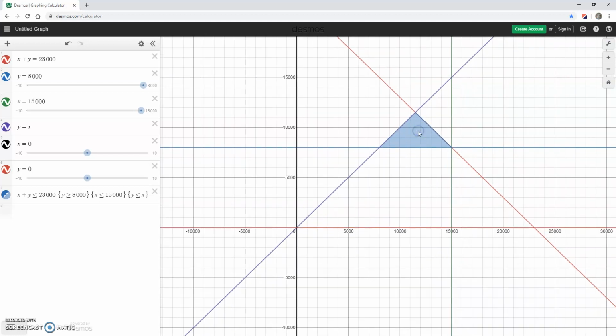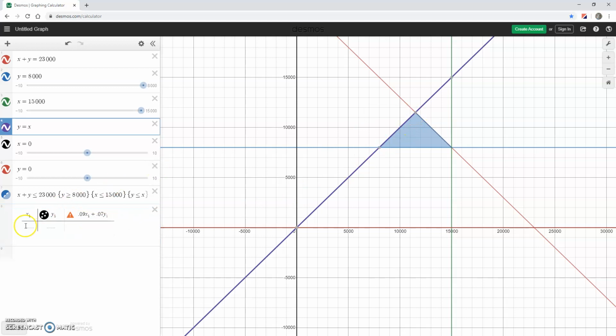But we see our bounded region with each of our corner points, 8,000, 8,000, 11,500, 11,500, and 15,000, 8,000. In order to maximize our investment, we can again construct that table, and in a new column, we'll type in 0.09x1 plus 0.07y1, and then enter in each of our different pairs of values.